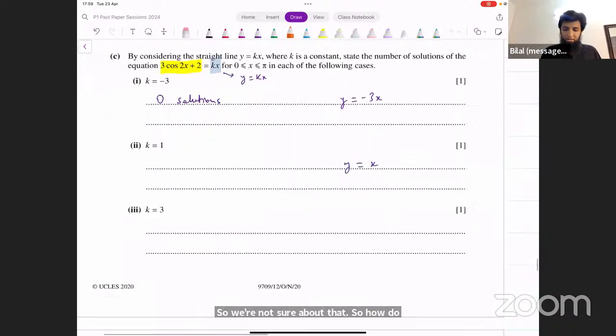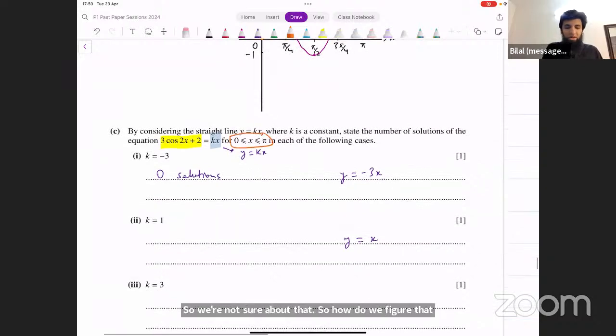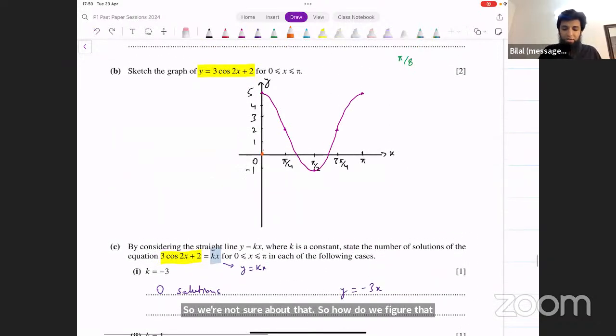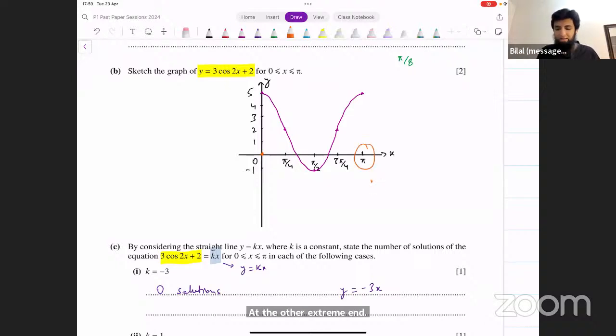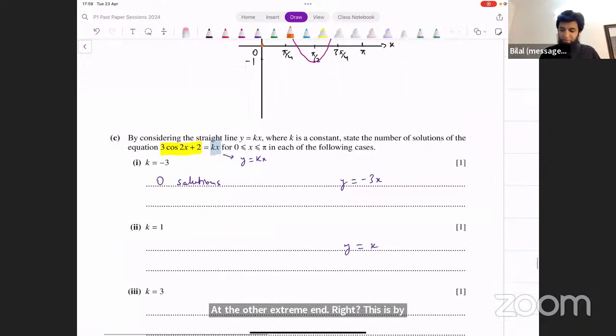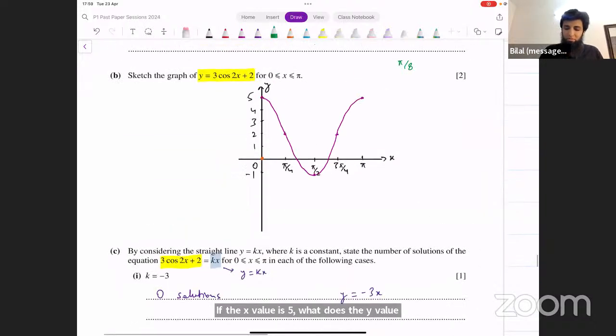We are only concerned with this interval from 0 to pi. Now we know the line is going to pass through the origin. The other point that you take, you should take that at the other extreme end, pi, right? This is pi. At pi, if the equation is y equals x, if the x value is pi, what is the y value going to be? The y value is also going to be pi, right? So what's that point going to be? Pi and pi, that lies on this line.